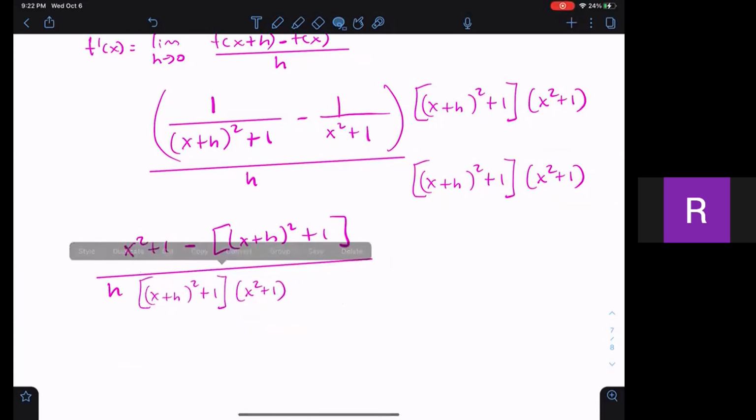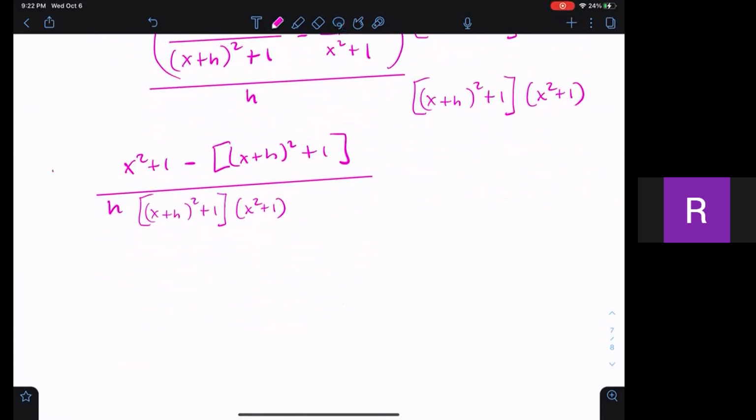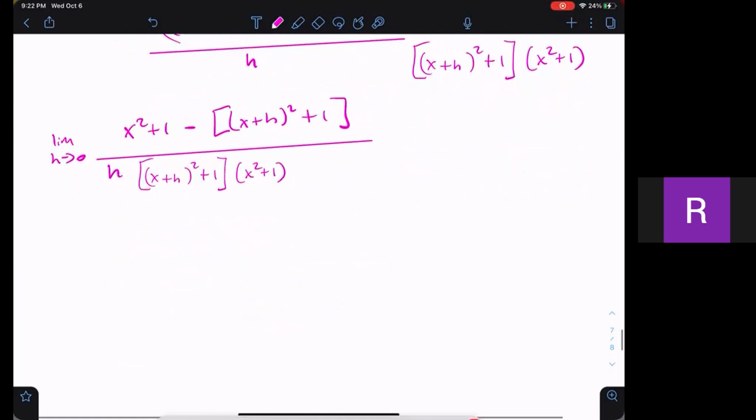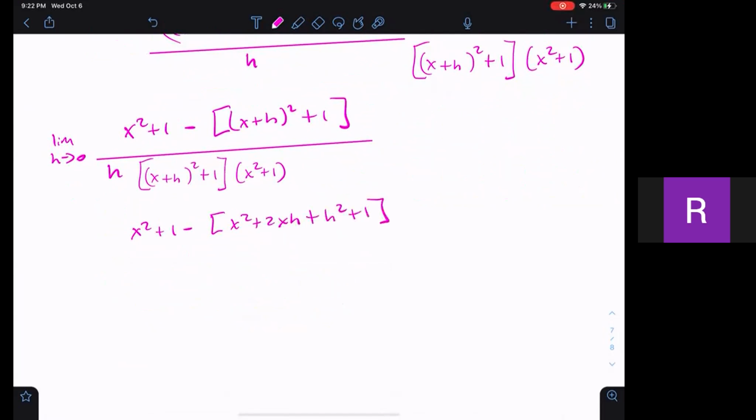So that's this part, the limit as h approaches 0. Now let's simplify things here. x squared plus 1 minus, we need to expand this, so this is x squared plus 2xh plus h squared plus 1, over all these things, right?